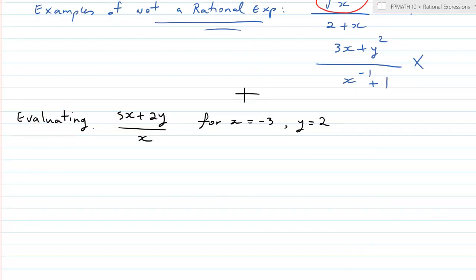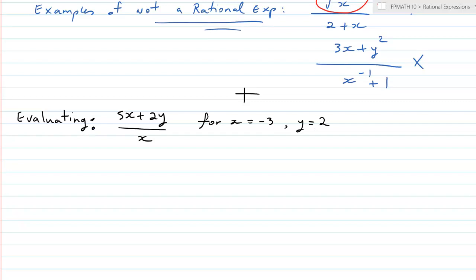Sometimes we have to evaluate a rational expression. Let's look at an example. We're going to evaluate this expression, 5x plus 2y over x, where the value of x is negative 3 and the value of y is 2. What that means is that you just plug these numbers back into the rational expression and find the actual value.